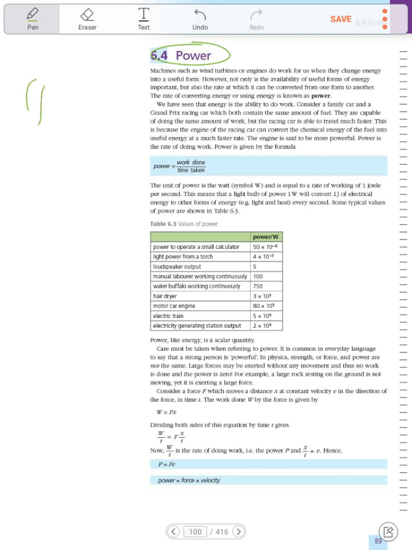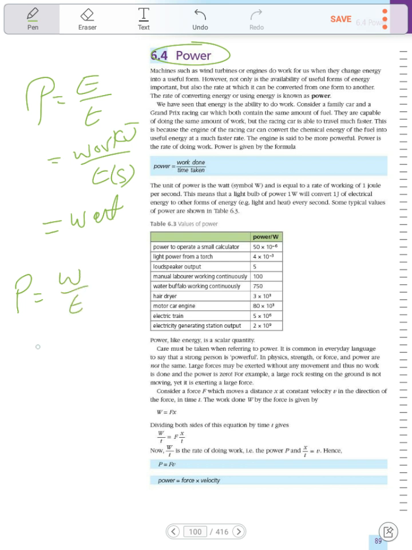Power is the ratio of energy per unit time, or work done per unit time. Time is measured in seconds, work in joules. So the unit of power is watts. Now, power equals work over time. Work equals force multiplied by distance, over time.